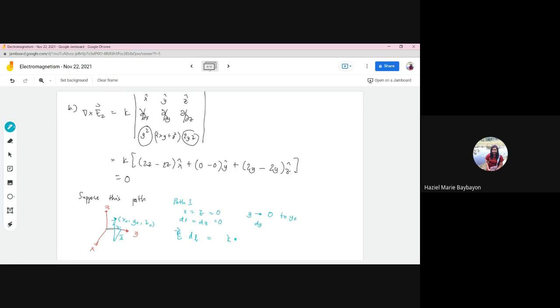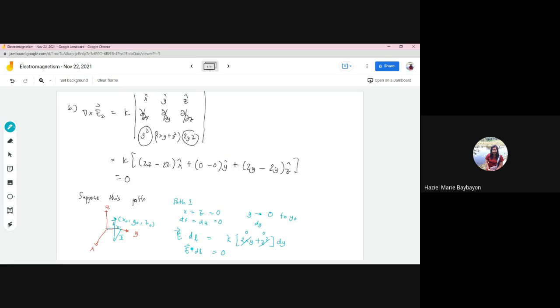So E dot dy, with the y component of the electric field 2xy plus z squared, and then you have dy here. Supposedly, we have to integrate this from 0 to y naught, but here, our x is equal to 0 for path number 1. Our z is also equal to 0 for path number 1. Therefore, E dot dl is equal to 0. So the integral of 0 is 0.